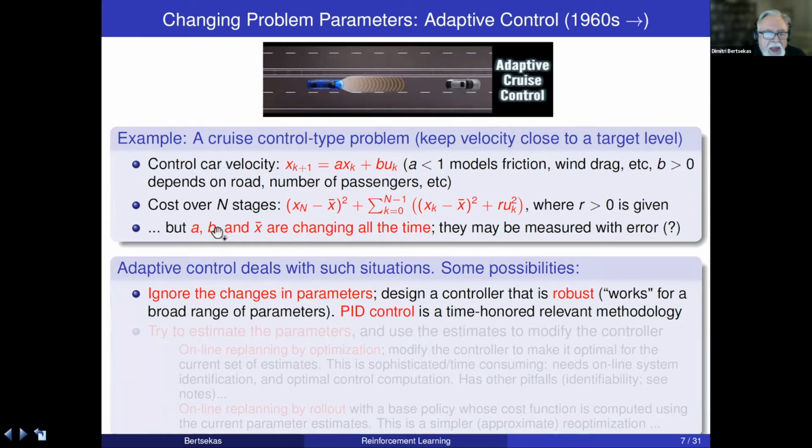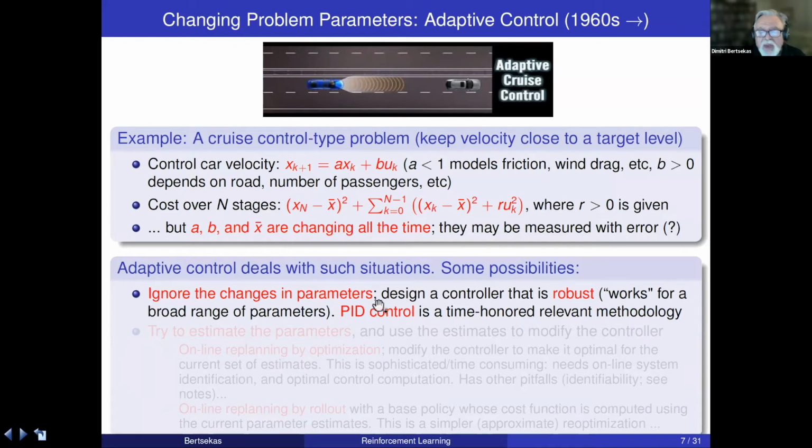Now, a, b, and x bar, okay? Some of them may be measured, some of them may be estimated with some error. There is a question mark as to how you estimate these parameters. But suppose now that you are able to obtain estimates of them. So how do you do in a context like this? Well, some possibilities are here.